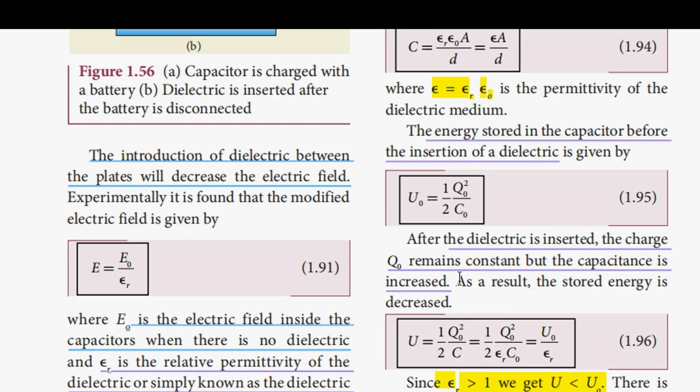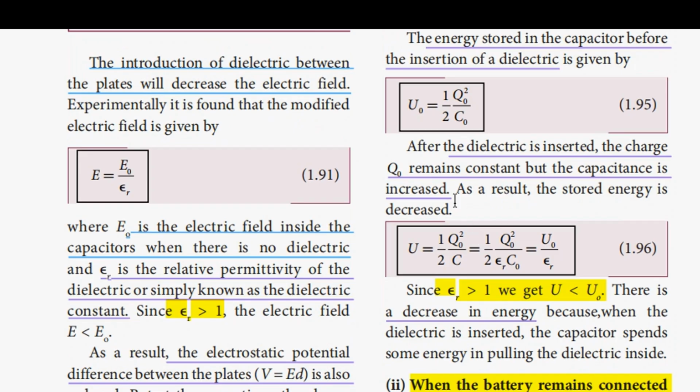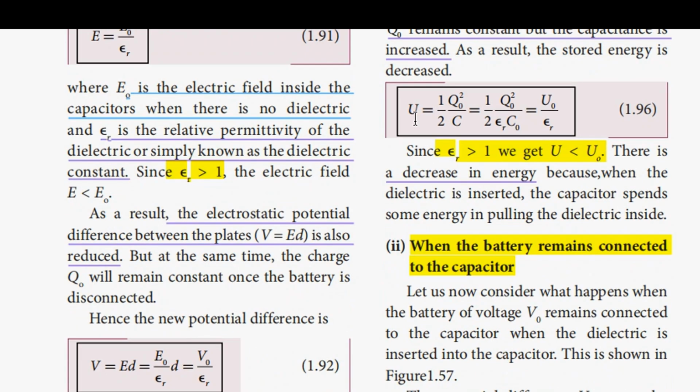As a result, the stored energy is decreased. Now U is given by U0 by epsilon r, and since epsilon r is greater than 1, we get U less than U0. There is a decrease in energy because when the dielectric is inserted, the capacitor spends some energy in pulling the dielectric inside.